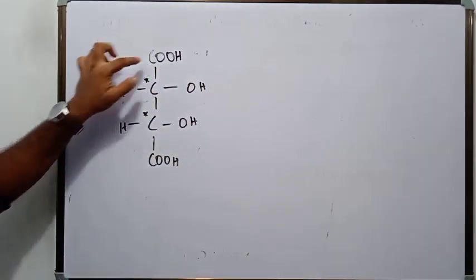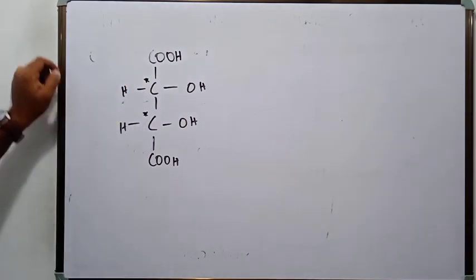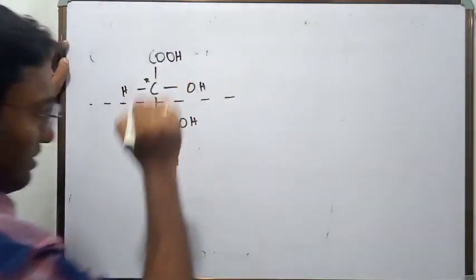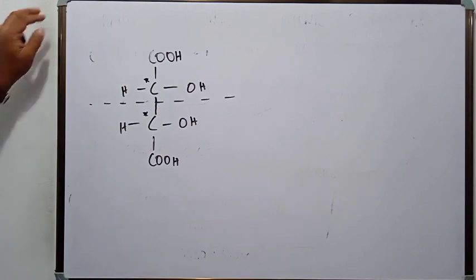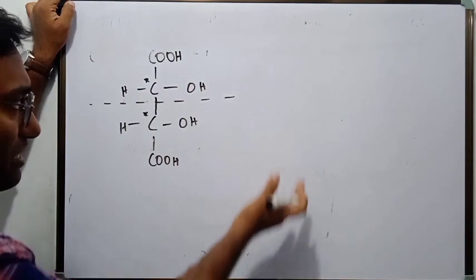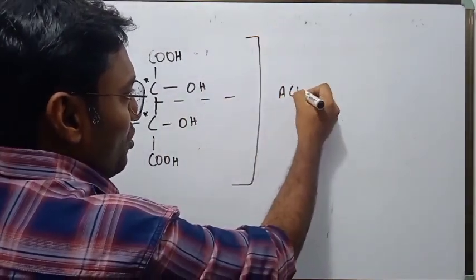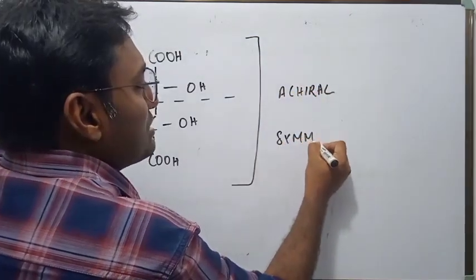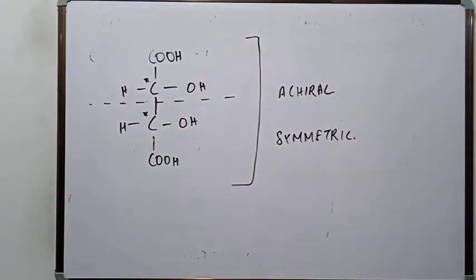It is also attached to four different substituents on all four sides. But the issue is that it can be divided into two equal halves by this plane. The first half is the mirror image of the second half. So as it can be divided into two equal halves, the first half being the mirror image of the second half, the compound is achiral. Overall, it is a symmetric compound. Am I right? So symmetric compounds are called achiral compounds.